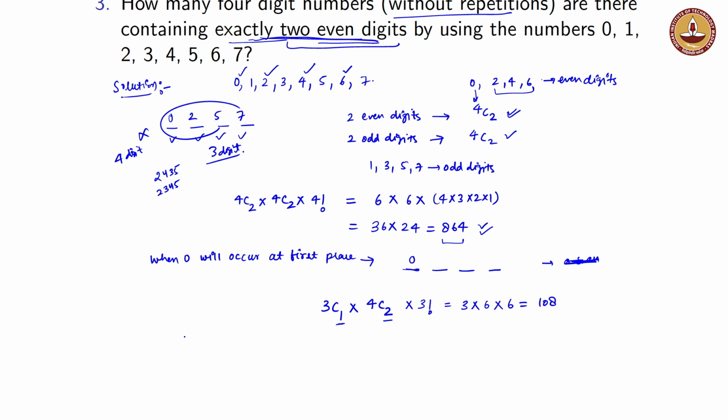So the required ways will be the total when all cases are there including 0, minus the case when 0 occurs first. So 108 subtracted gives 756. This will be the answer for this question.